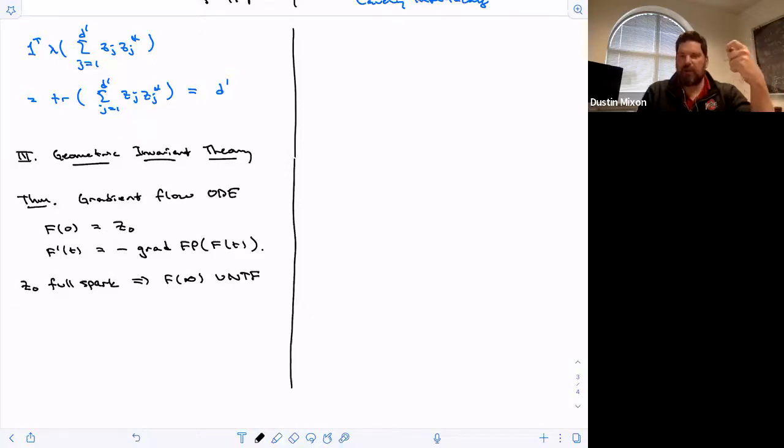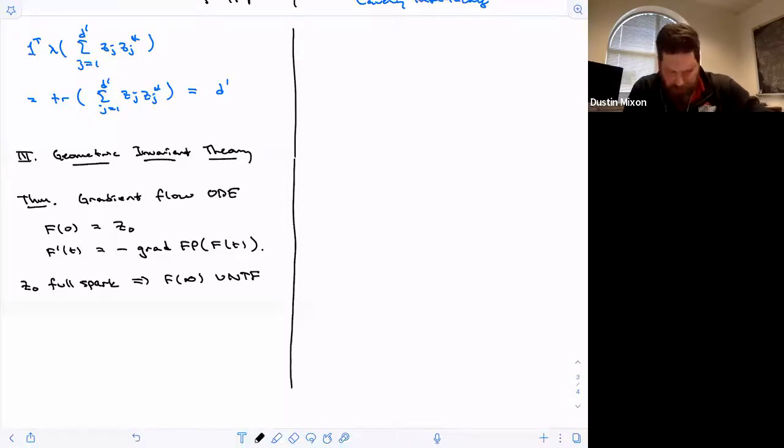And almost everybody in those neighborhoods is going to be sent to a global min somewhere else. So there is no basin of attraction, and therefore it's not a local minimum.